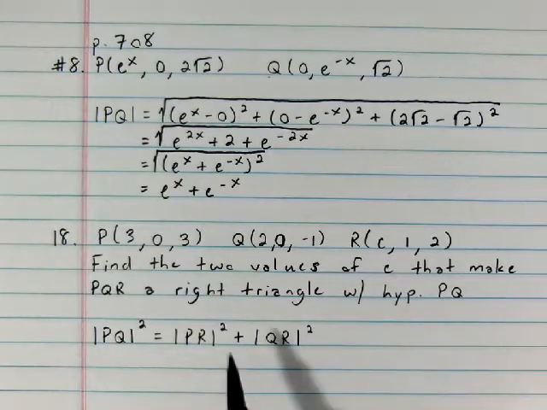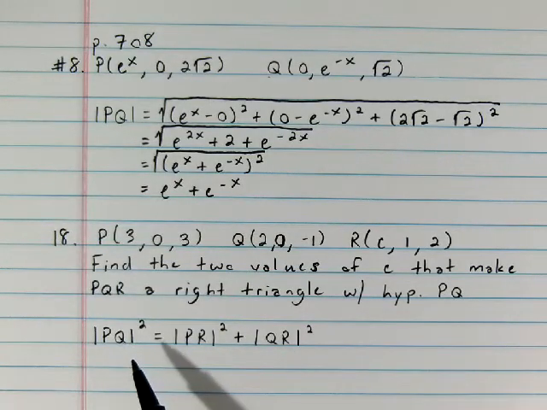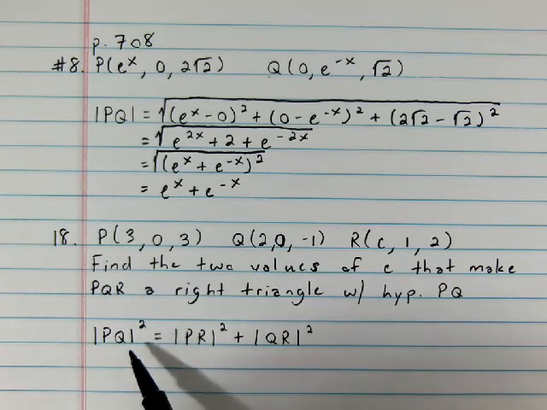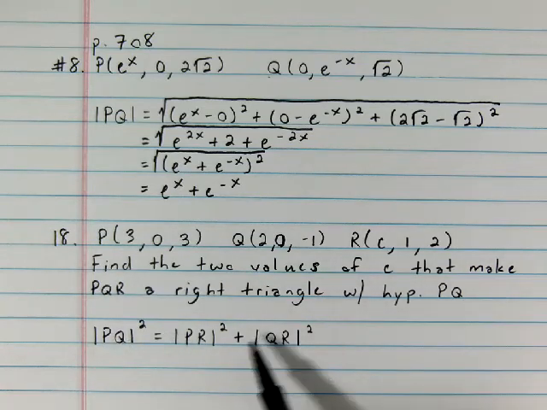Now remember, this notation just means distance, but that's the same thing as the length of that side of the triangle would just be the distance between those 2 points. So now we're going to go through, find these distances, put the necessary information into this formula, and then we should have something that we can go through and solve.